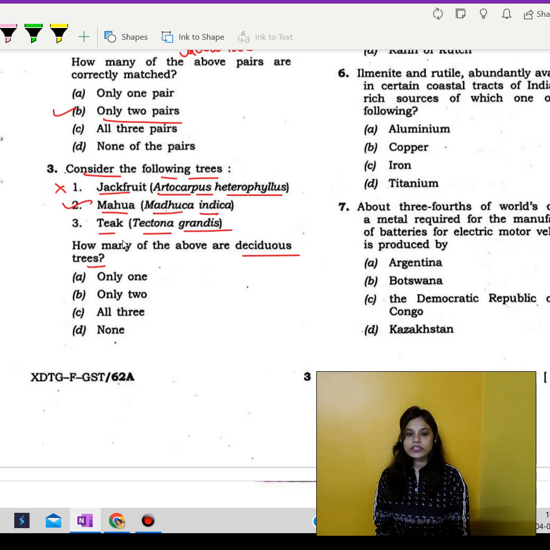Now, teak, which is the Tectona grandis, is found in a moist deciduous environment, and it's a moist deciduous tree. So, teak wood forests are mainly found in the northeastern part of India. Okay, so hence we can go with option 3 also because it's a deciduous tree. So the option that will be correct is option B because only two are correct over here.